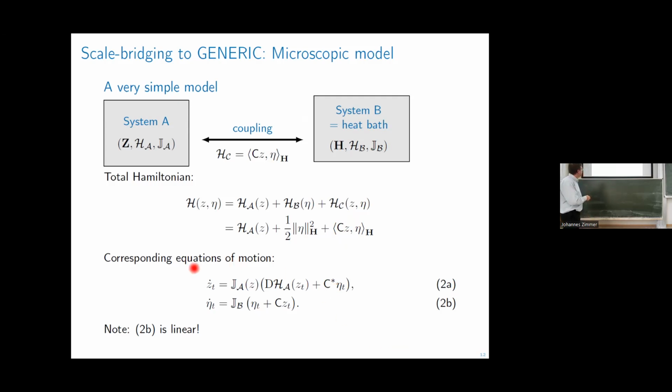It's a secondary exercise to write down the equations of motion, with the Hamiltonians acting on the derivative and the variables appearing here. That's a system in an infinite dimensional space, Z times H. And the benefit is that the heat bath is a linear equation. That is something we will use.